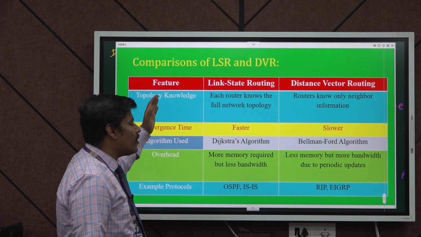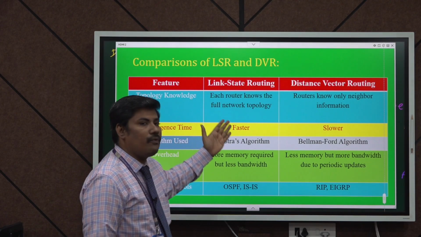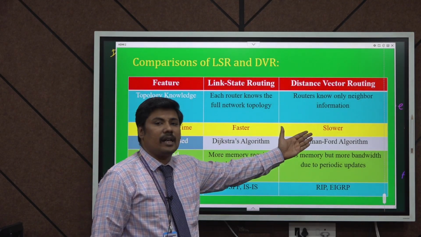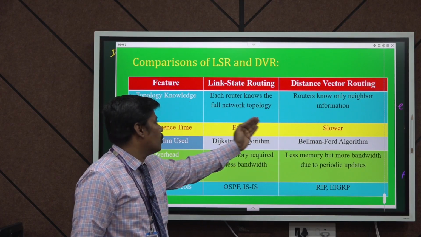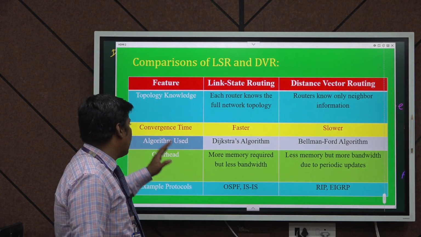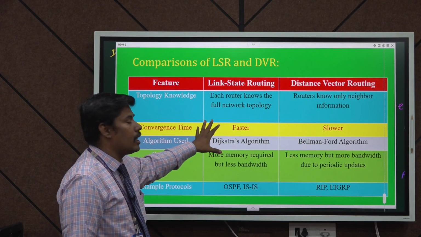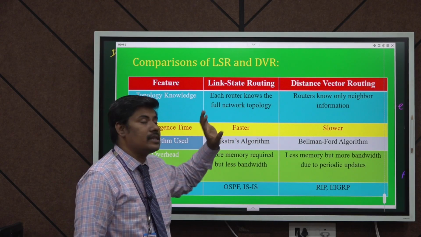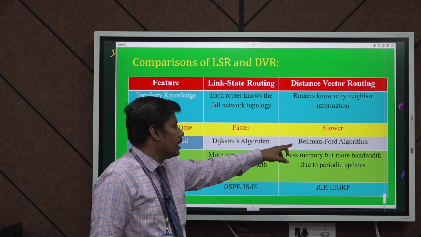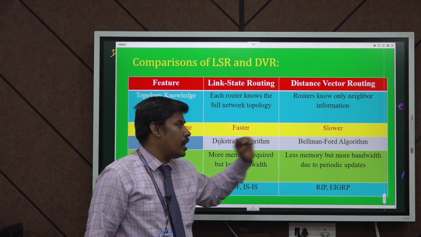Then in convergence time, link state is much faster, and distance vector is too slow when compared to the link state algorithm. Then the algorithm used: Dijkstra's algorithm is used to solve link state routing tables, while in the other method we are using Bellman-Ford algorithm.